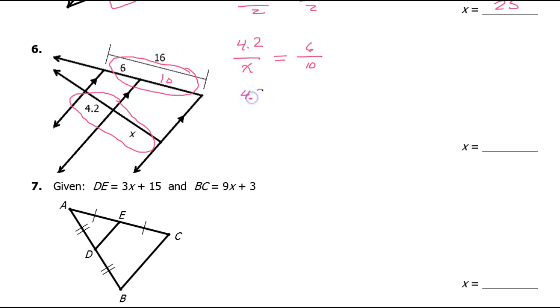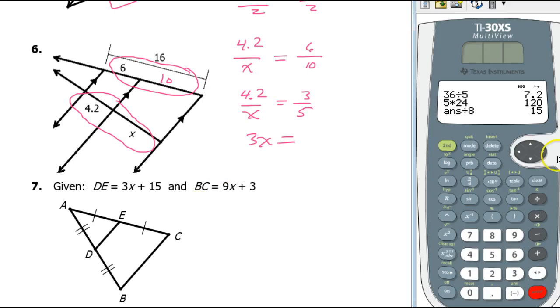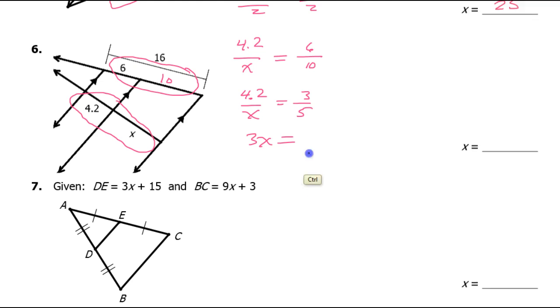So that's 4.2 over x is equal to 3 over 5. Multiplying this diagonal gives me 3x. Multiplying this diagonal gives me, I don't know, 4.2 times 5. What is it? That's 21. Oh, that works out nicely, because then when I divide both sides by 3, I get x equals 7.